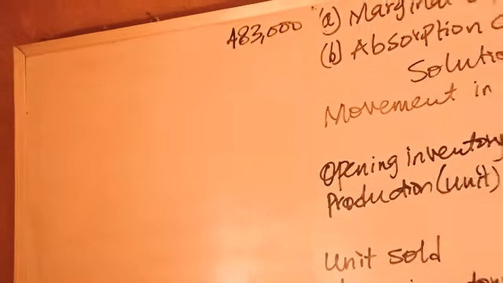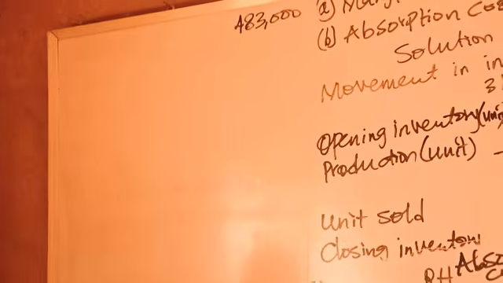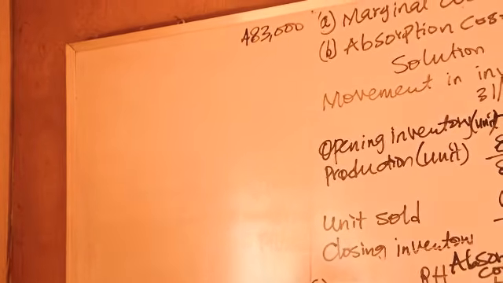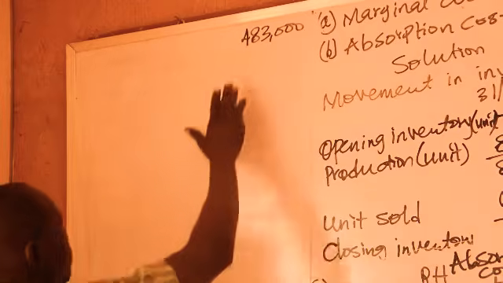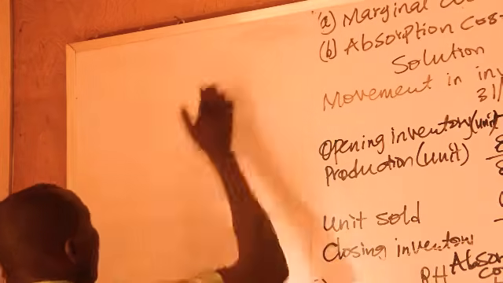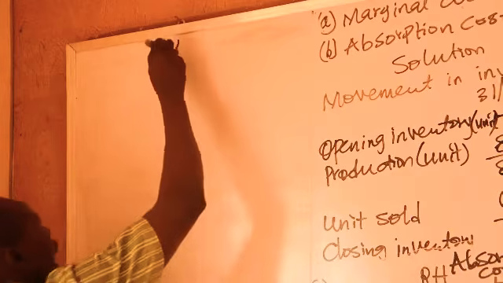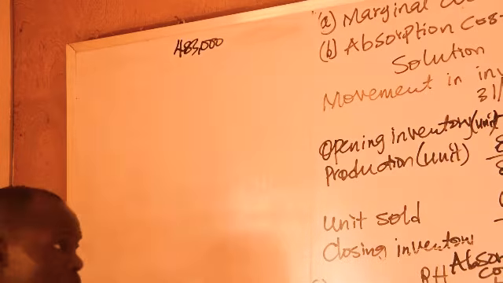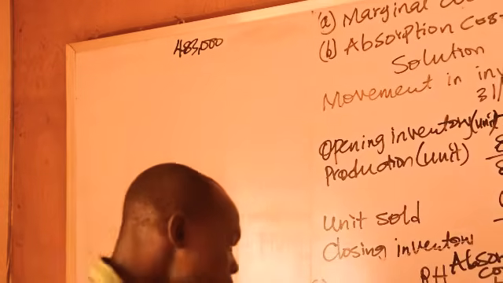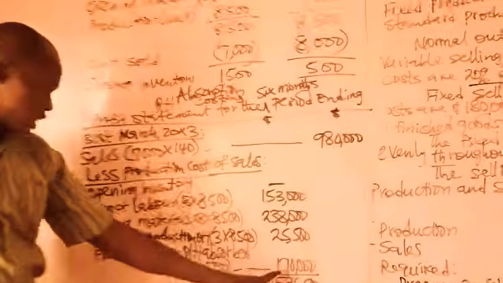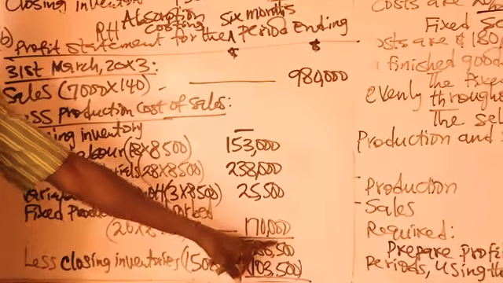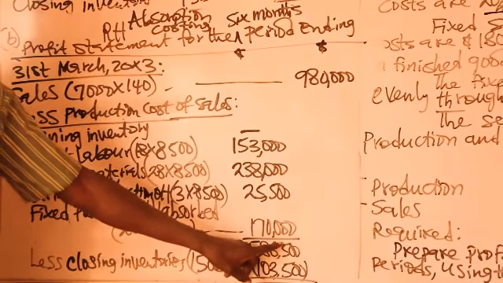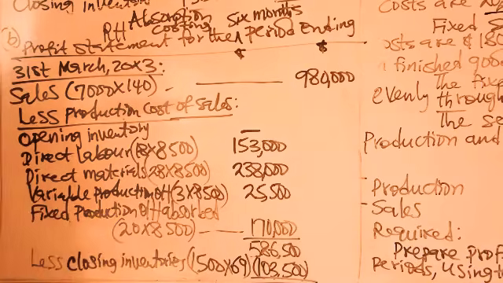Then at this juncture, you consider your under or over absorption. The fixed overheads absorbed is 170,000 here. Then how much is the actual fixed overheads for the period?